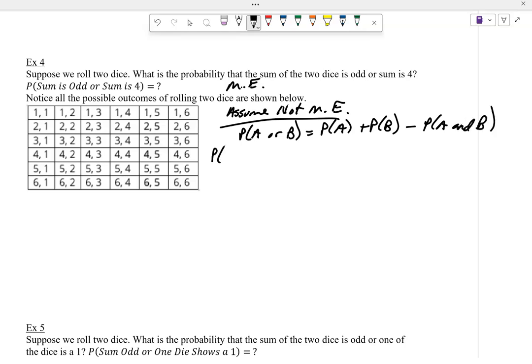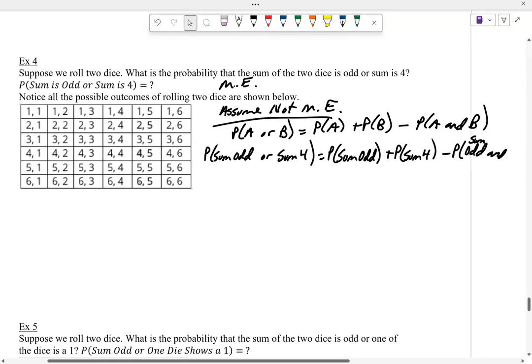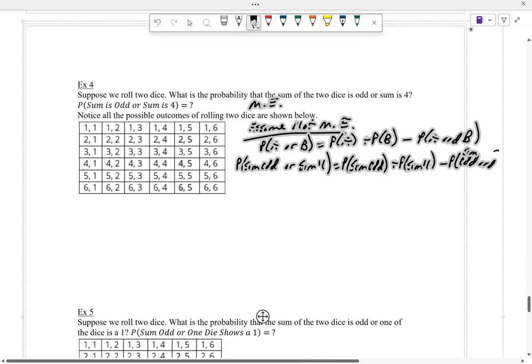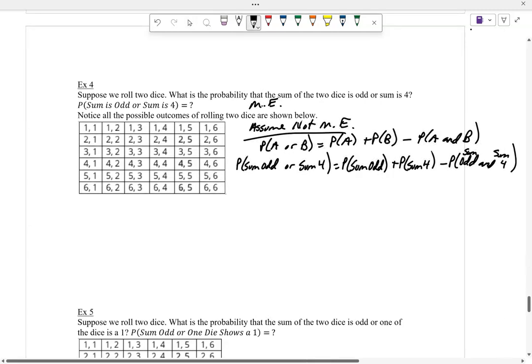All right, so we got the probability that the sum is odd or sum is 4. We're saying that either of those is a winner, right? So what's the probability that we roll 2 dice and get a sum that's odd, plus probability that the sum is 4, minus probability the sum is odd and the sum is 4.